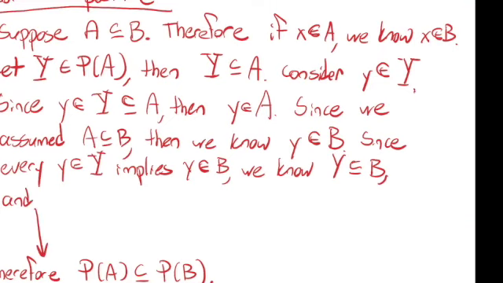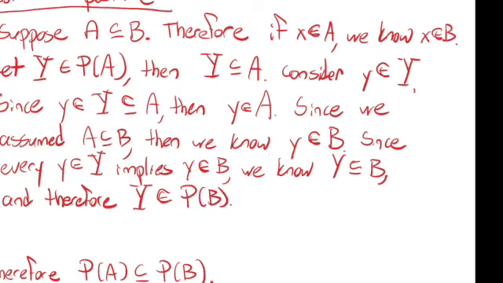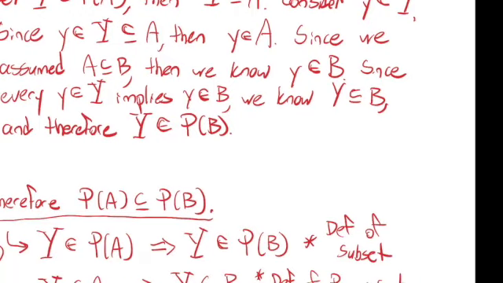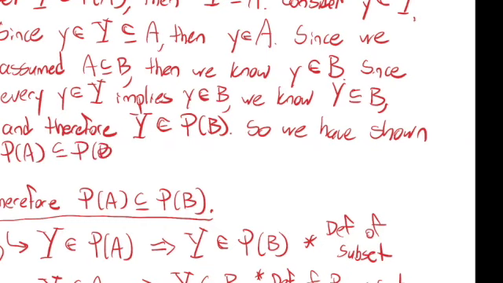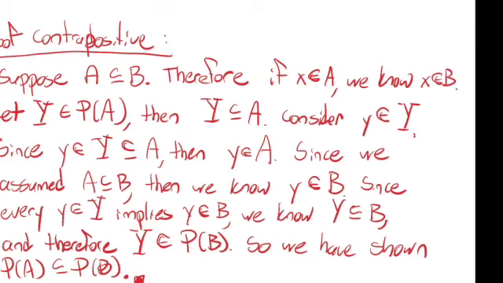Okay, and therefore the power set, well, I guess if Y is a subset of B, then it's an element of the power set of B. And that's enough to claim that we have the power set of A being a subset of the power set of B. That's what we would need to do if we're doing proof by contrapositive.